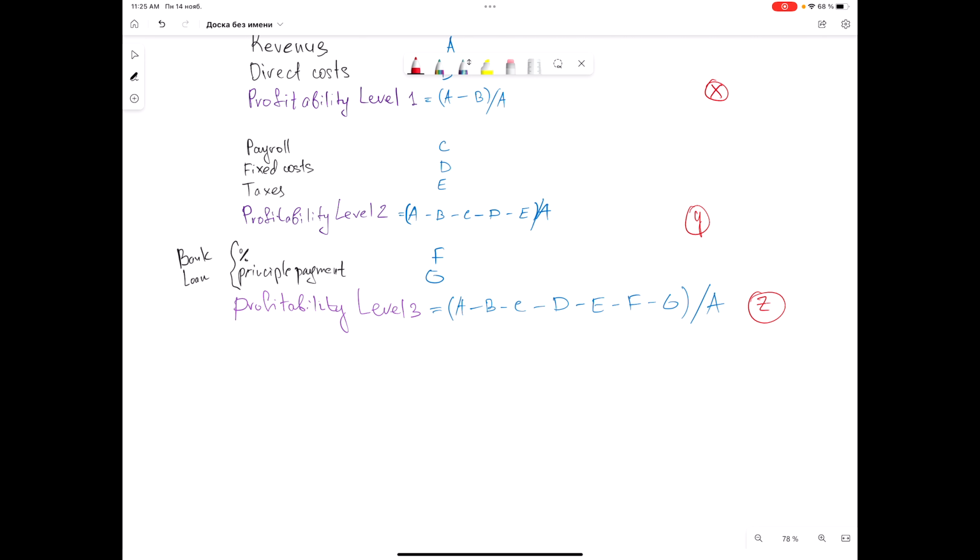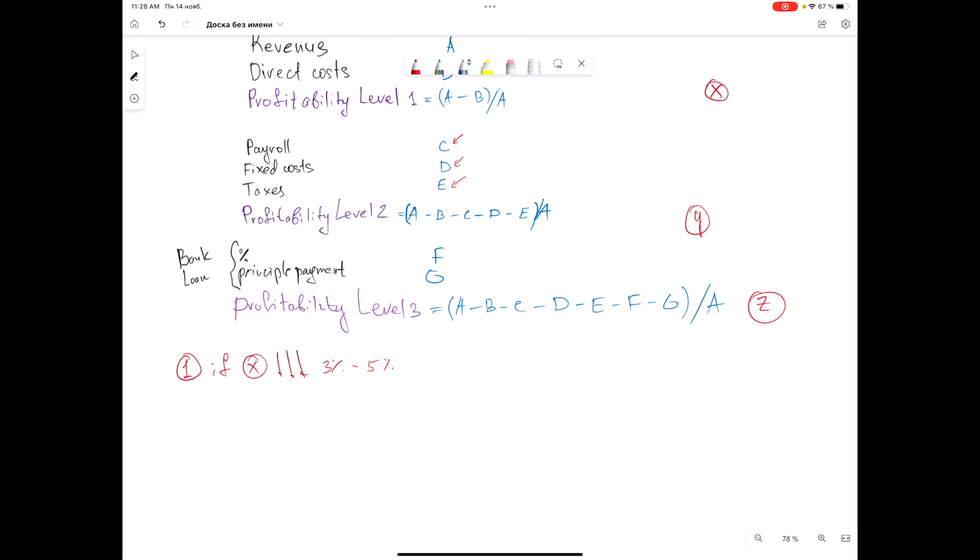First, if X is very small, let's say 3% or 5%, depending on the type of business, this means that your project is living on a very thin margin. And if something happens with payroll, fixed expenses, taxes, and so on, your margin will disappear.